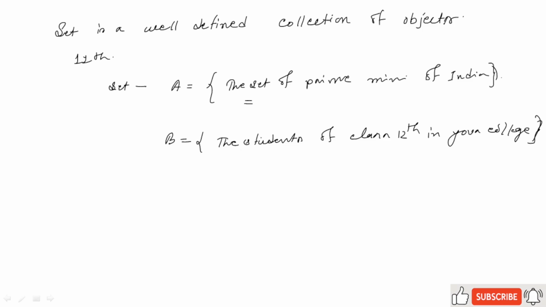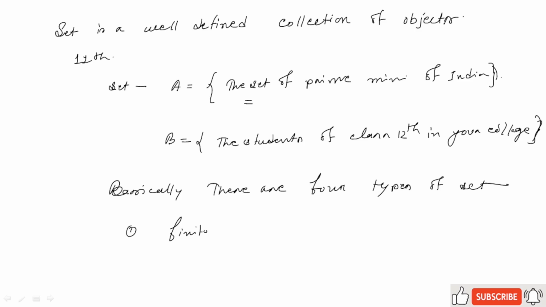Now, we need to know about types of set. Basically there are four types of set. Number one is finite set. This is very simple.